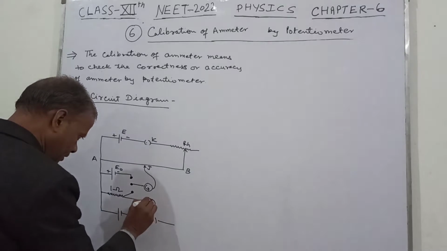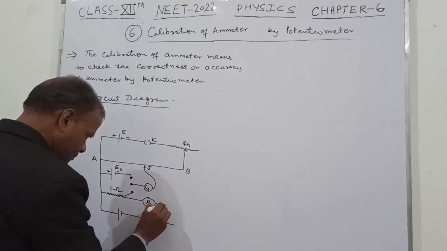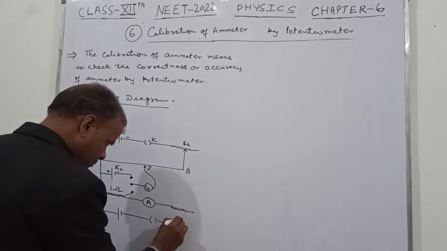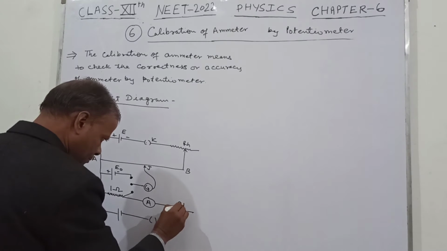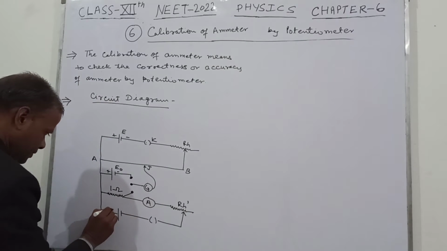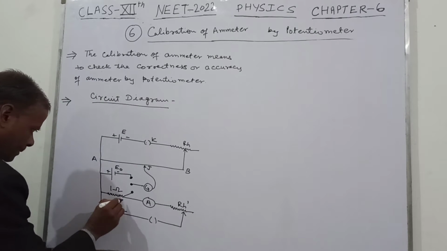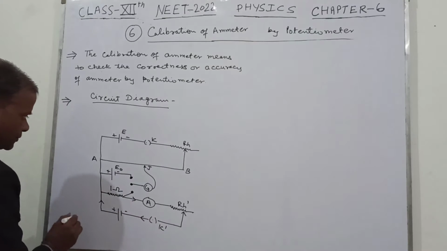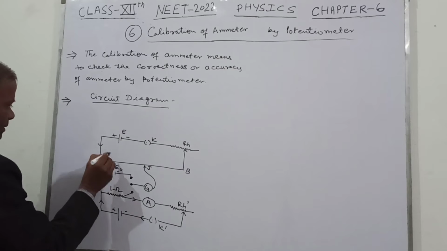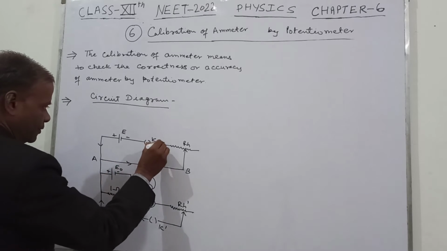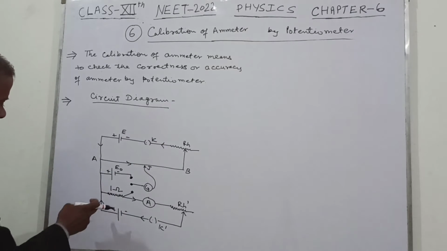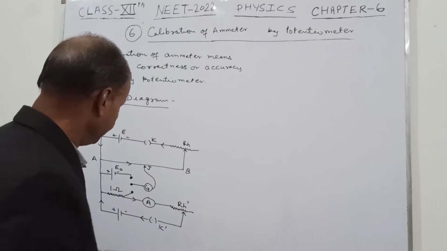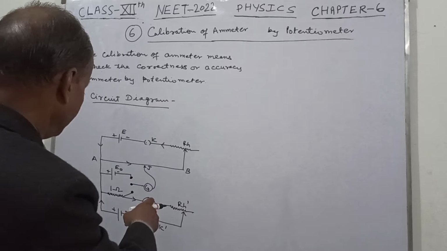And then here we have an ammeter. This is RH dash. This is now your K dash, and here the current is passed through this wire AB. Here we use 1 ohm standard resistance.